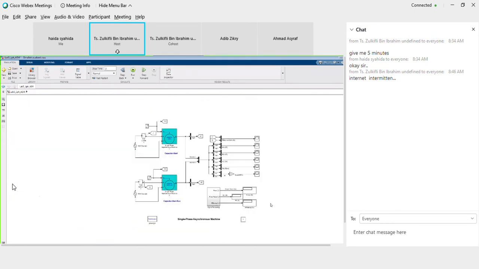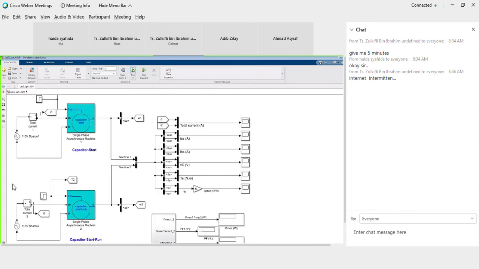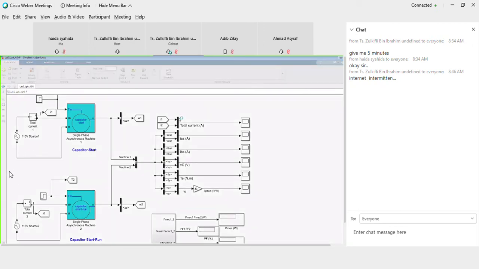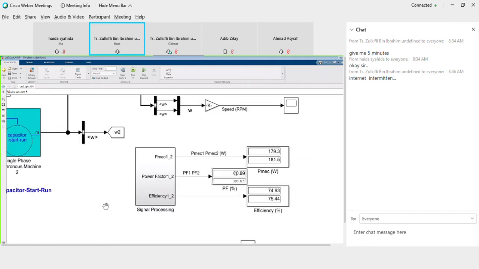So contoh bila saya run the machine at 3 second, alright, you see the final value there. So you have your machine 1 and machine number 2.